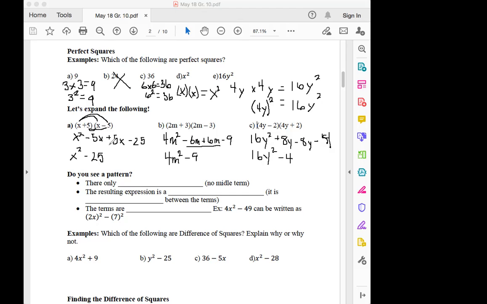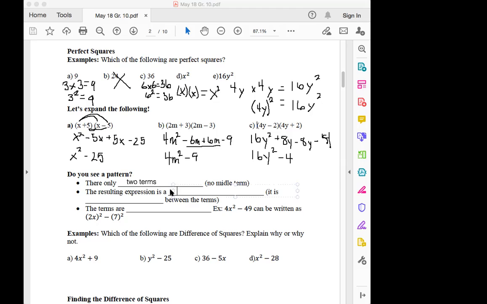If we look carefully at the answers that we just got, we see a little bit of a pattern. There are only two terms. There's no middle term, right? There's no 6m or 8y or whatnot.